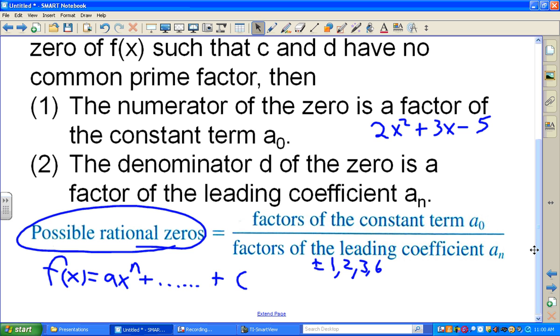The answer, if it's a rational number, not real, rational, is all the factors of the constant, 5 and 1, over the factors of the leading coefficient, 2 and 1. The only possible rational zeros could be 5, 1, 5 halves, or 1 half, all these combinations. 3 halves would not work. If you come up with the answer, I got 3 halves, I can say you're wrong just by looking at it. That can't be right.